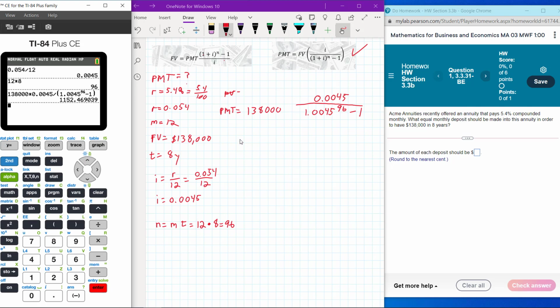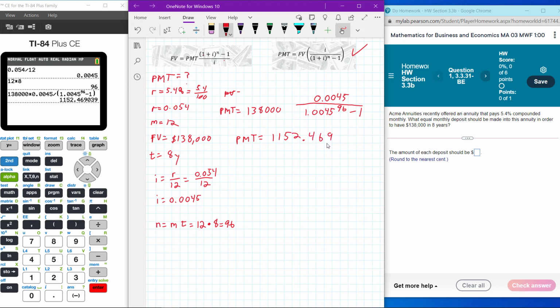PMT is equal to 1152.46, and my third decimal is 9. Since my third decimal is 9, I need to round up, and this gives me that my monthly payment, because I'm doing this every month, is equal to $1,152.47.